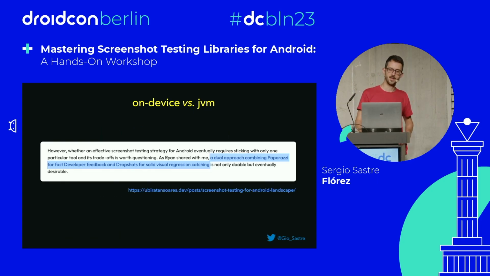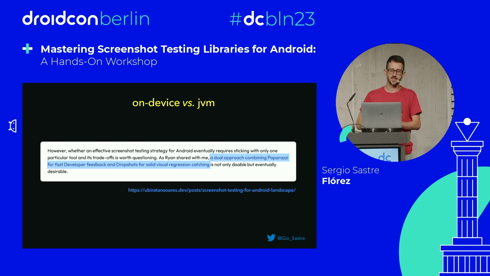And well, last but not least, this is from a blog post that I read some time ago from Ubiratan Soares. He talked to Ryan Harter, I think, the author of Dropshots, one of the libraries that I was mentioning.